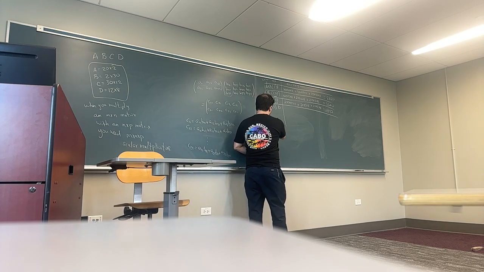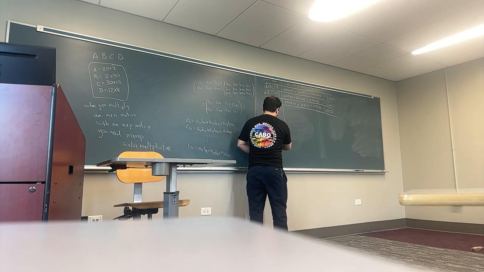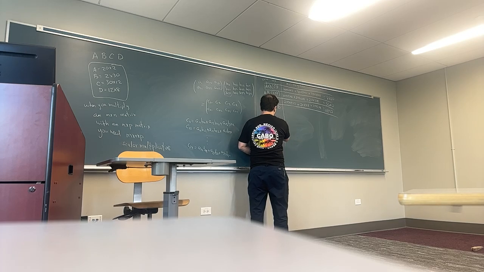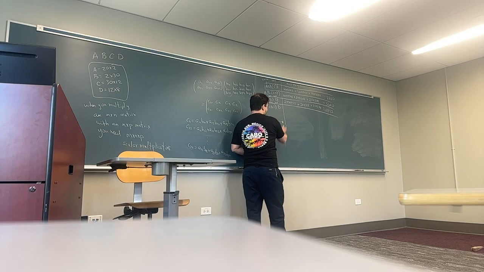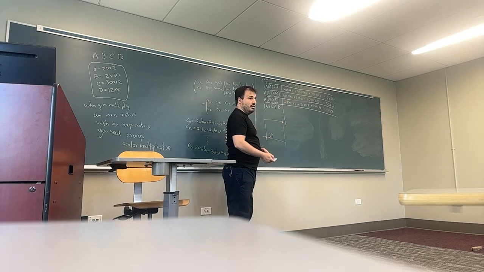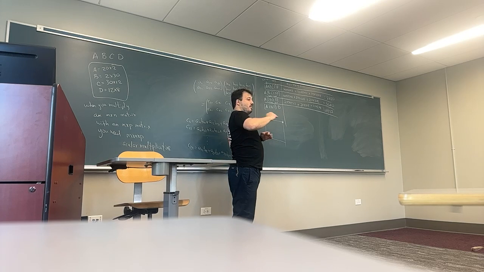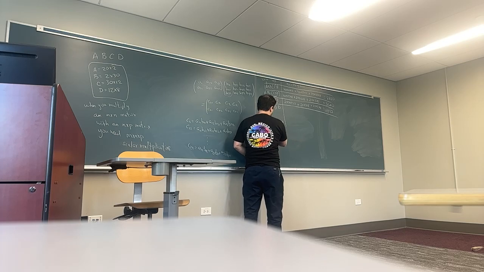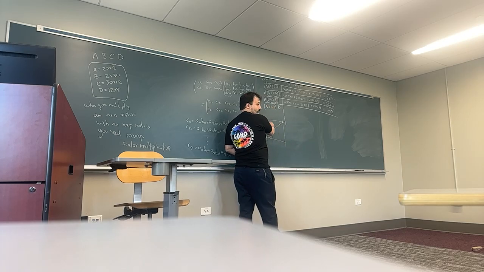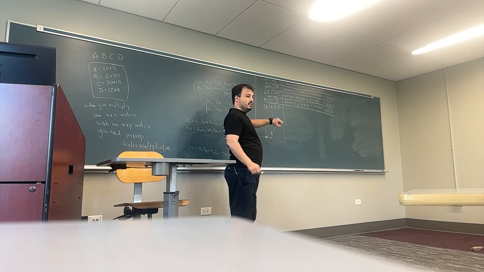If you picture a path of these steps, you want the same number of lefts as rights. So you have a path, and because the number of right parentheses can never beat the number of left parentheses, you're looking for a path where you never cross the diagonal. You can touch it, but you don't cross it.